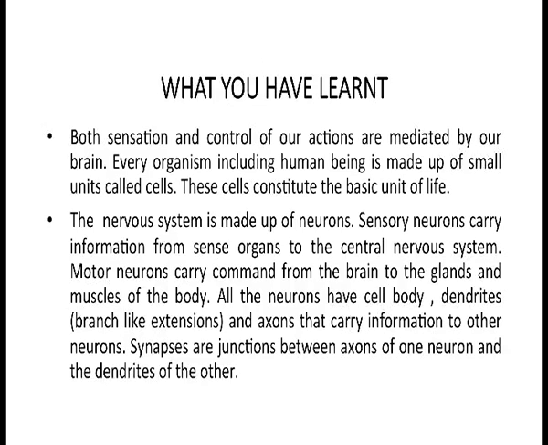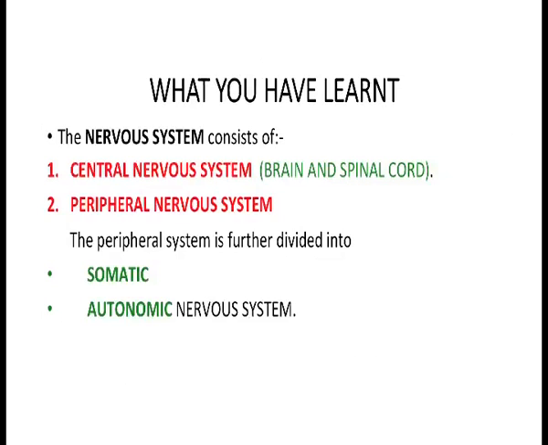All neurons have a cell body, dendrites, which are the branch-like extensions, and axons that carry information to other neurons. Synapses are junctions between the axons of one neuron and the dendrites of other neurons. The nervous system consists of the CNS, the central nervous system, which is made up of the brain and spinal cord.